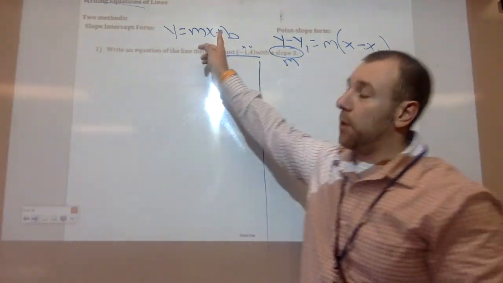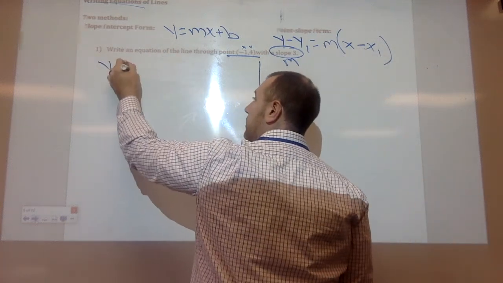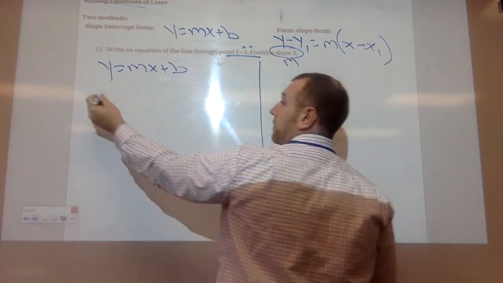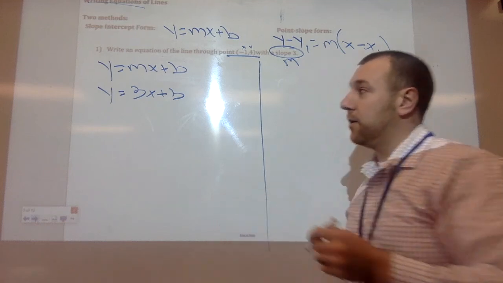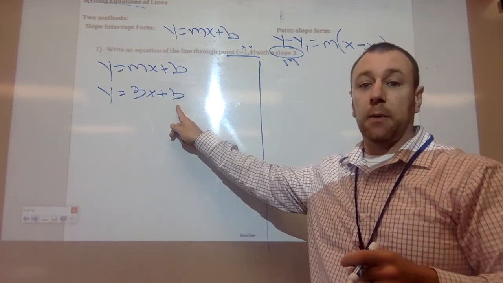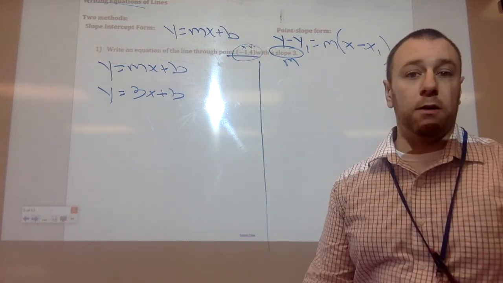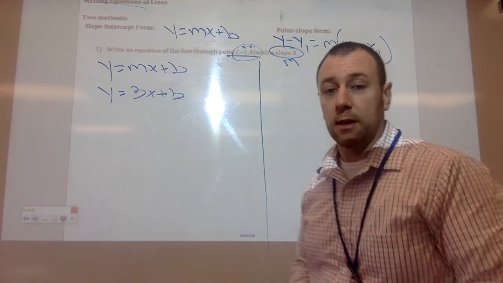So if I'm using y equals mx plus b, I know the m. Now I have to find b, my y-intercept. So I can take that -1, 4 and plug it in for x and y, because I know that's on the line.